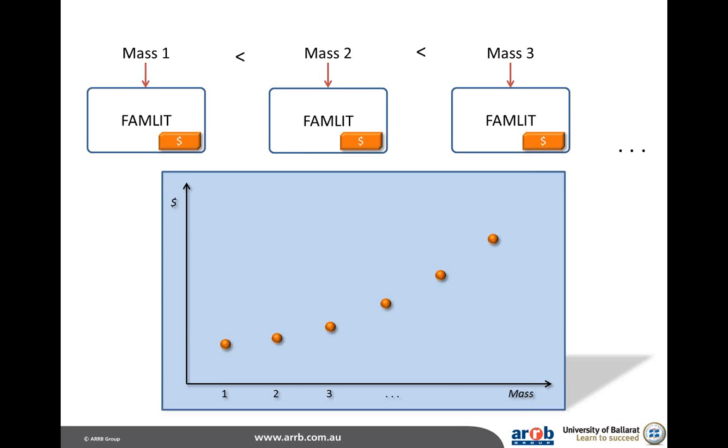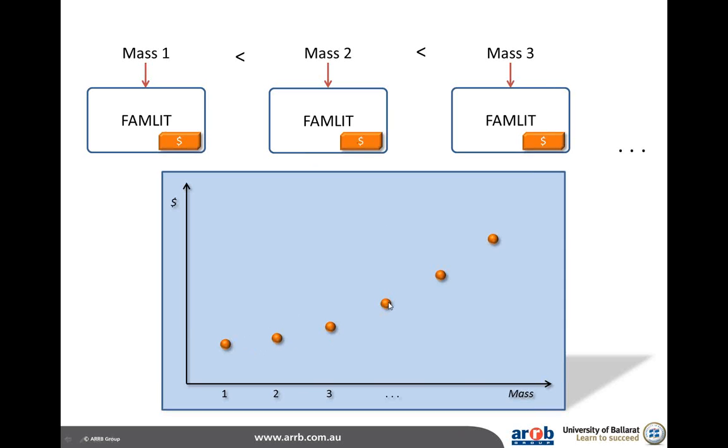So if we think about it this way, we have a single mass that goes into FAMLIT and outputs a cost, and that cost can be plotted against its mass. And because we're varying mass, we'll add a second mass that will output a higher cost, and that again can be plotted with our mass against cost, and so on and so forth.